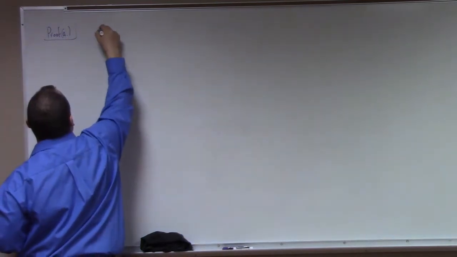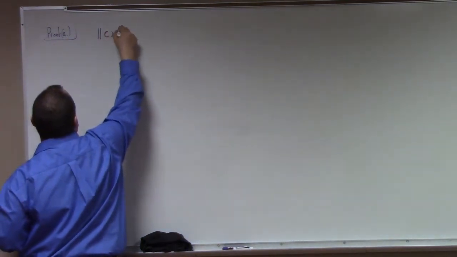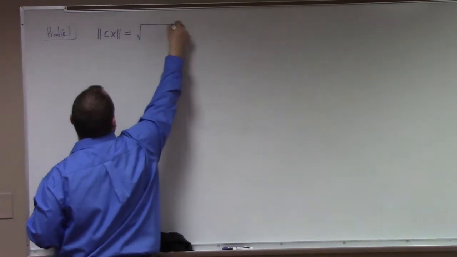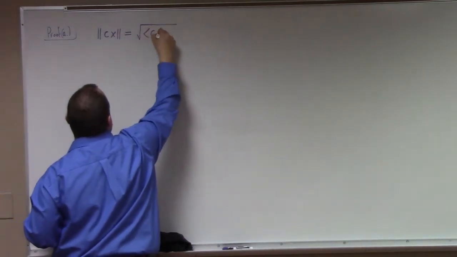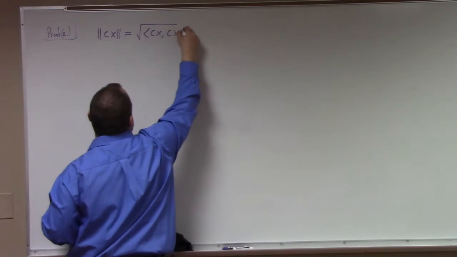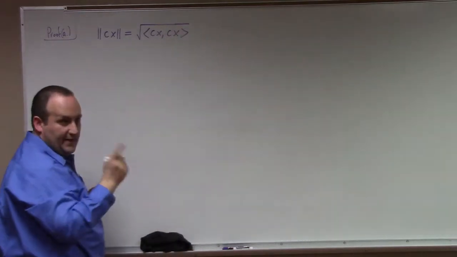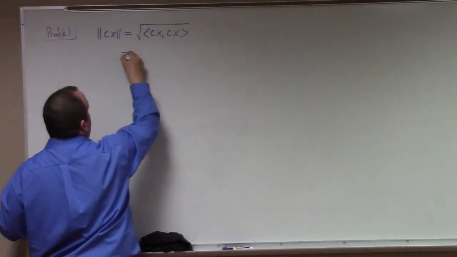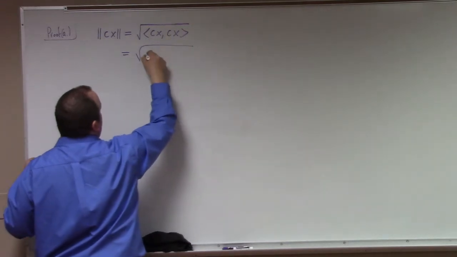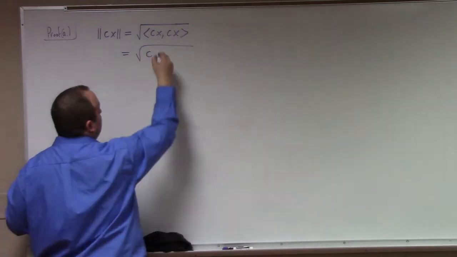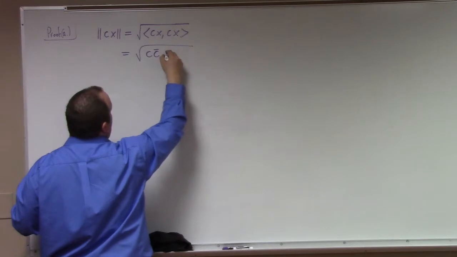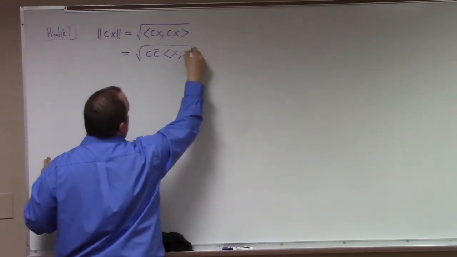So looking at the norm of Cx, that's the square root of the inner product of Cx with itself. But then, by properties of the inner product, that gives us C from the first one, C bar from the second one, and then x with x.